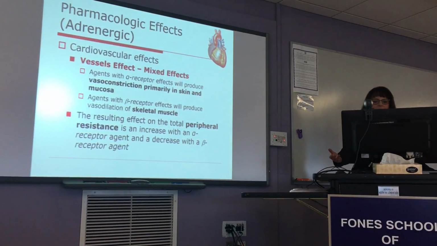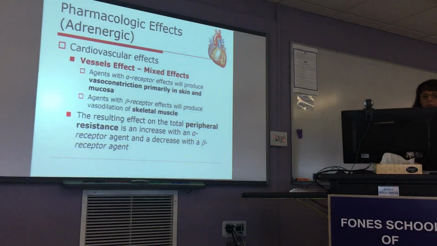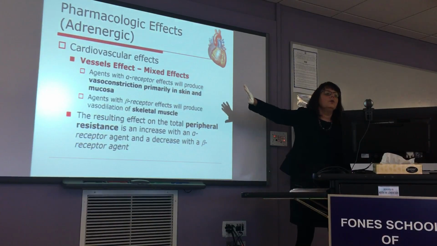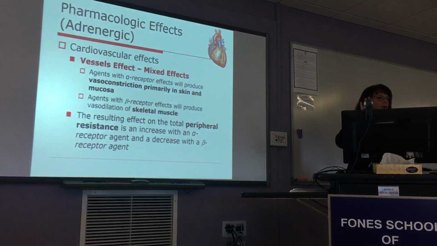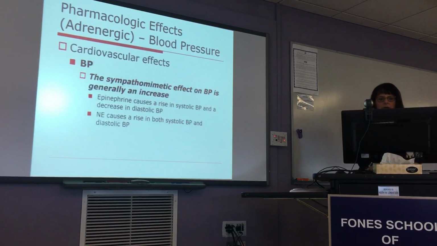The resulting effect on that peripheral resistance we talked about is an increase with alpha receptor agents and a decrease with beta receptor agents, just because of the different effects they have. Again, we'll worry about this when we talk about a specific drug, and then we might need to revisit it to talk about why that drug has that effect on alpha and beta, because it's non-specific. Don't worry too much about it now.